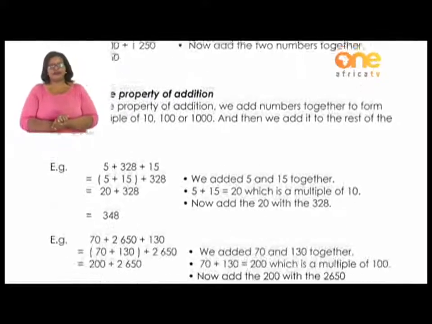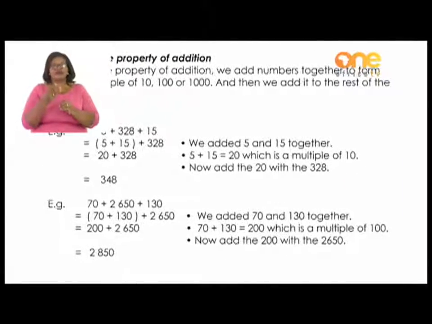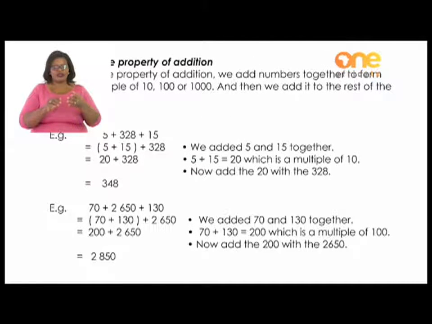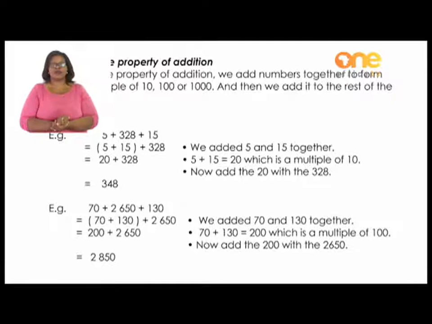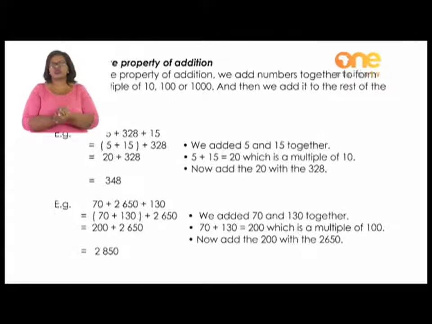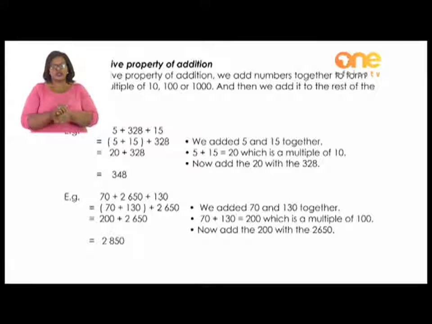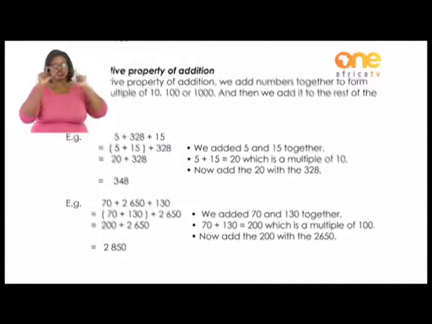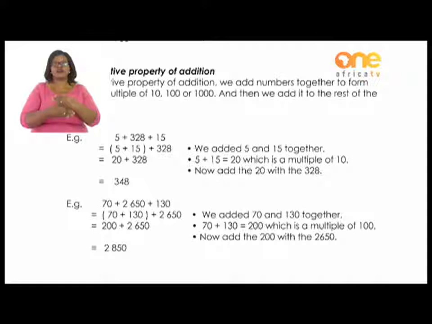Now let's go over to the third way of addition, associative property of addition. Now let's read. What should we do in associative property of addition? In associative property of addition, we add numbers together to form either a multiple of 10, 100, or 1,000.